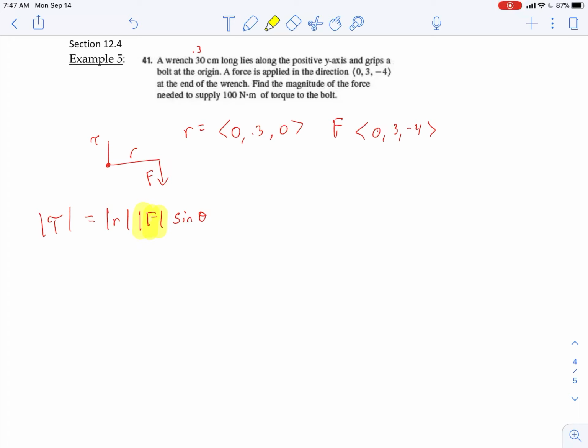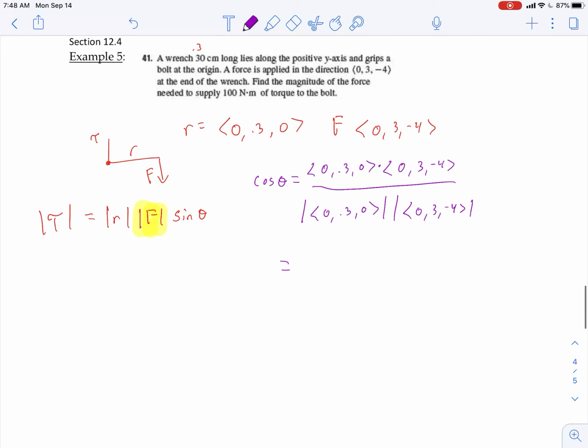So to go ahead and find everything, the first thing I'm going to do is find theta, and so I'm going to have cosine theta is equal to the cross product of r and our force F. Not cross product, but dot product. 0, 0.3, 0 dotted with 0, 3, -4, divided by the magnitude of r times the magnitude of F. Alright, so we do our work, and the dot product, we're going to get 0 times 0 plus 0.3 times 3 plus 0 times -4.